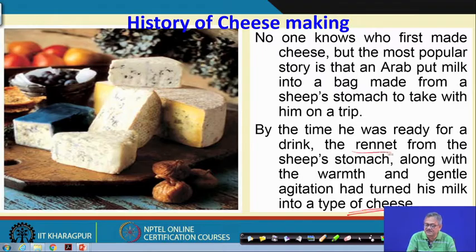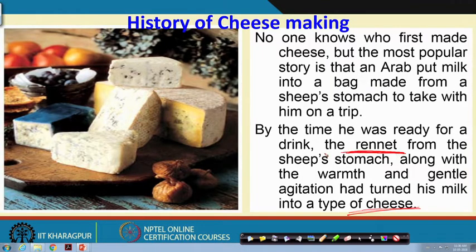So, basically this rennet is primarily from the stomach of the animal, in this case the sheep, because, as I said, for transportation they used sheep or maybe camel and horse and others.